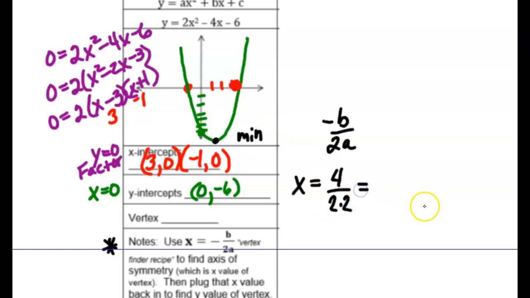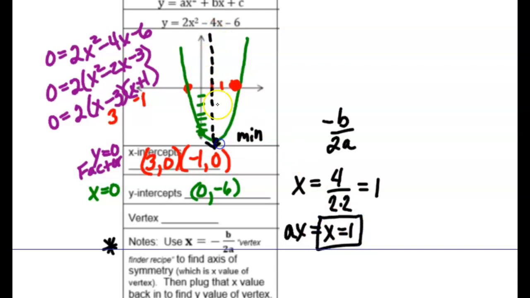So what does that all simplify to? Yeah, 4 divided by 4 is 1. So the axis of symmetry is at x equals 1. Is everybody good with what an axis of symmetry is? Okay, it's a line that goes down the middle, has to have an equation of x equals. And that means 1 is the x value of the vertex.